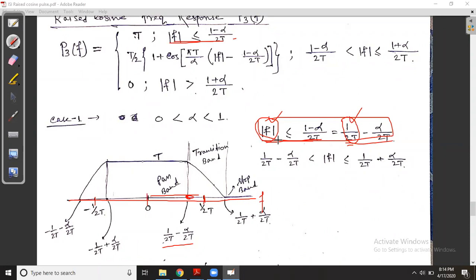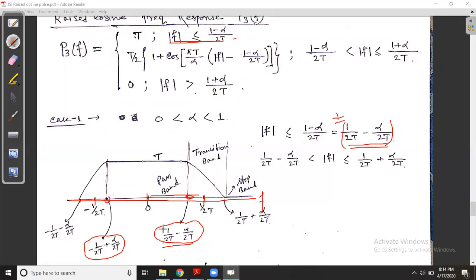Mod means plus and minus, both sides. Mod of f means plus this term, minus this term in the bracket. That is your actually f. So on the positive side we have some value, and minus of this term means minus 1 by 2T plus alpha by 2T, some value here also on the negative side. So these two are the values of this frequency mod of f.